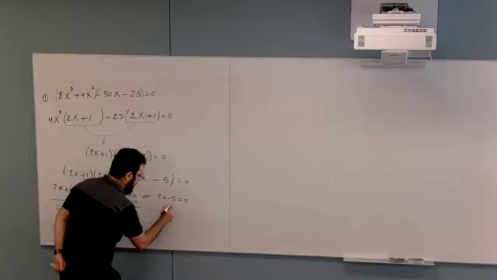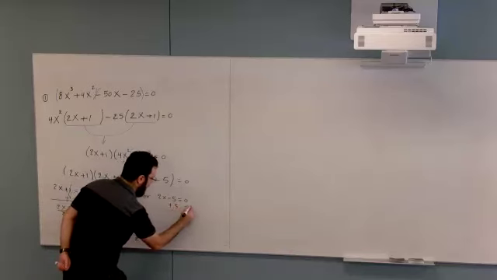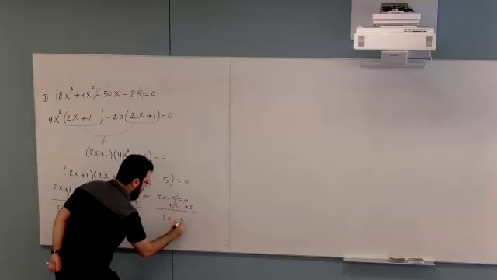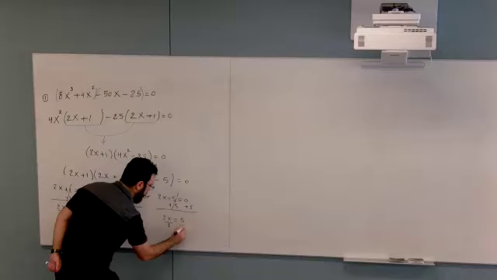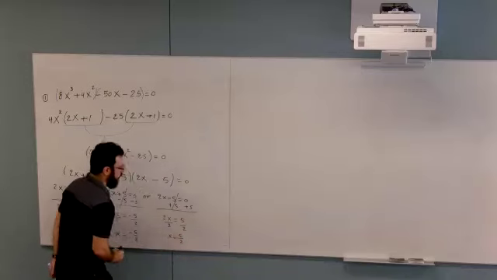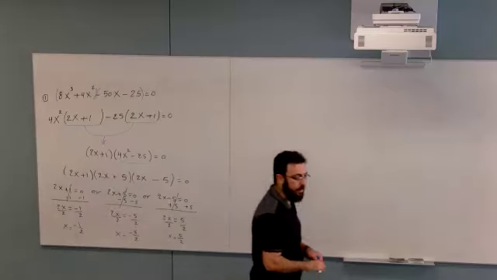The last step here, add 5. 2x is going to be equal to 5, and then divided by 2. x is going to be equal to 5/2. Okay, so far?